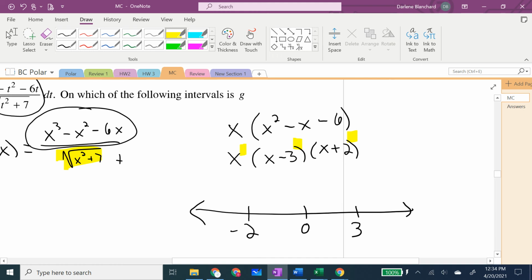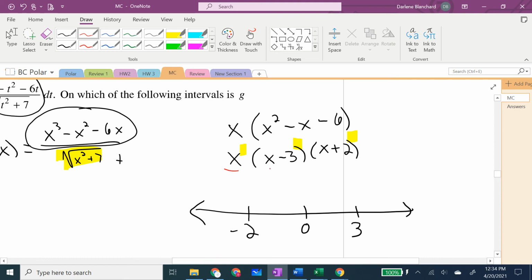And so you just need to figure out one of these sections and it's going to change sign. The only time you don't get a sign change is when the 0 of the factor has an even multiplicity. Then at that 0, it's not going to go through a sign change because it's forced to be positive at all times. So save yourself a little bit of time with that polynomial knowledge.